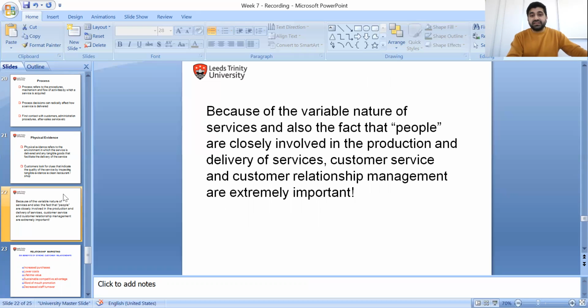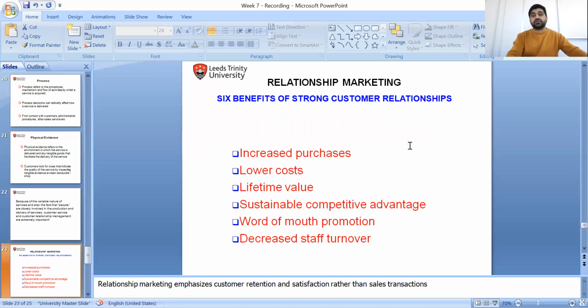Because of the variable nature of services, and also the fact that people are closely involved in the production and delivery of service, customer service and customer relationship management are extremely important when we are talking about services. So what is meant by relationship marketing?